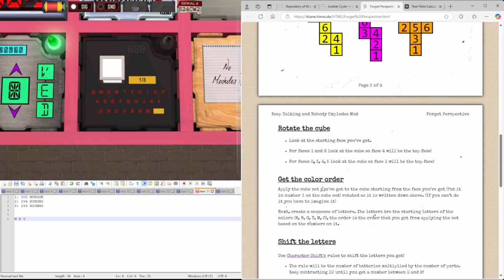Apply the CubeNet you've got to the cube starting from the face you've got. Your number 1 on the CubeNet.